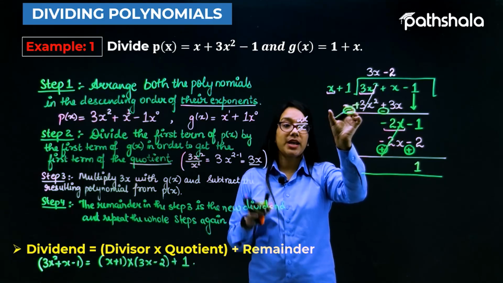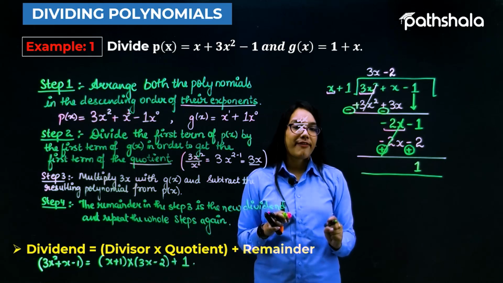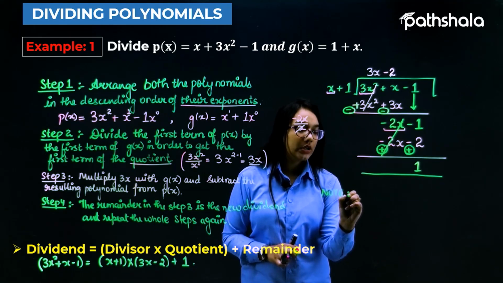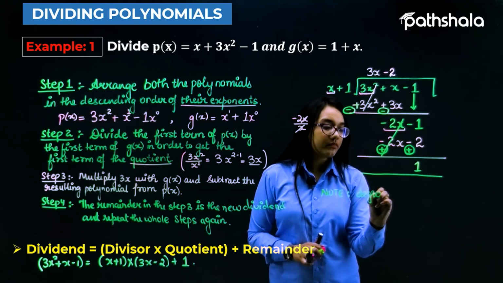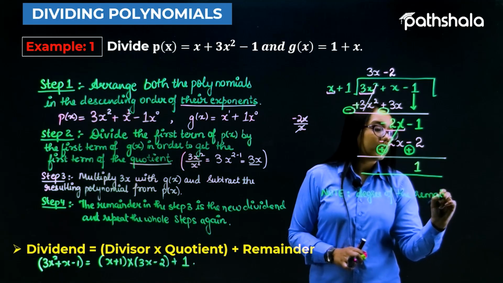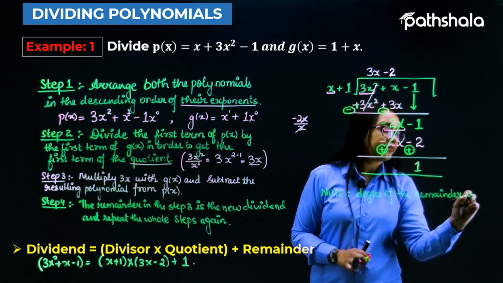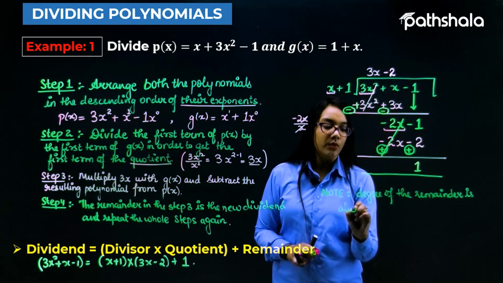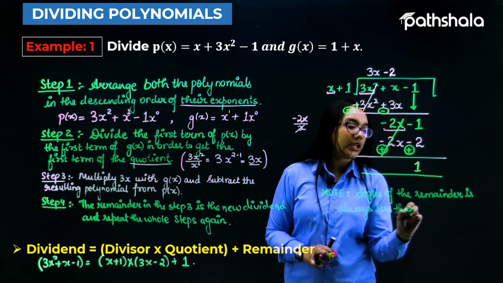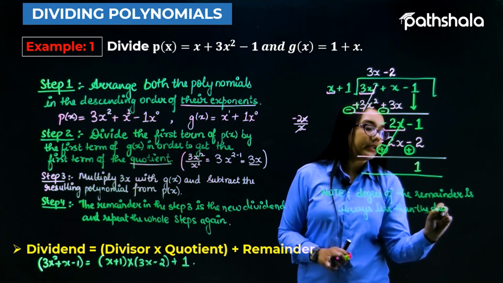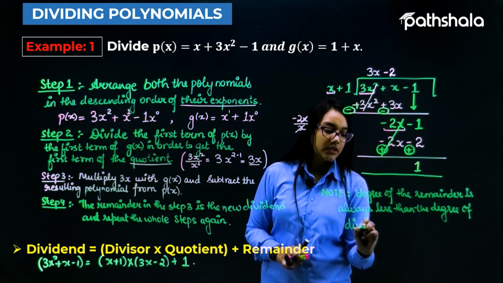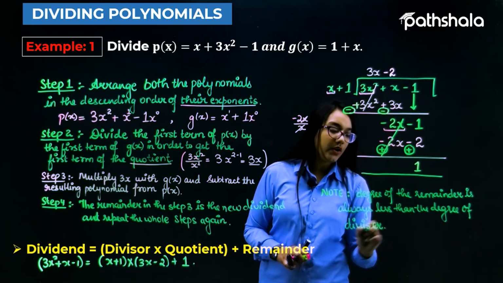Always remember the fact that the degree of the remainder, let us suppose I am writing it as a note, the degree of the remainder is always less than the degree of the divisor.